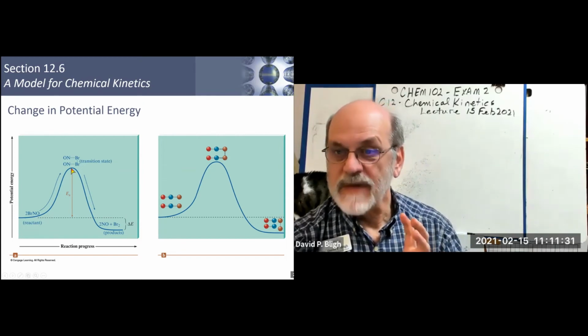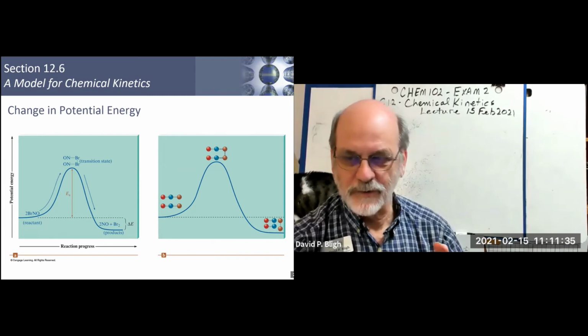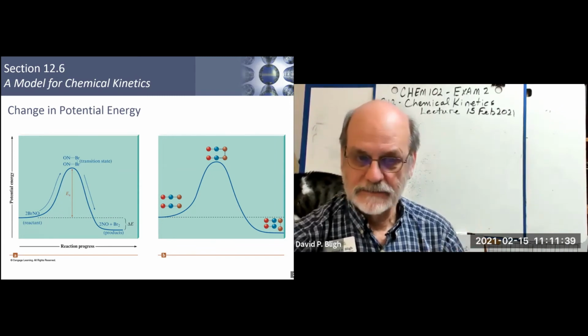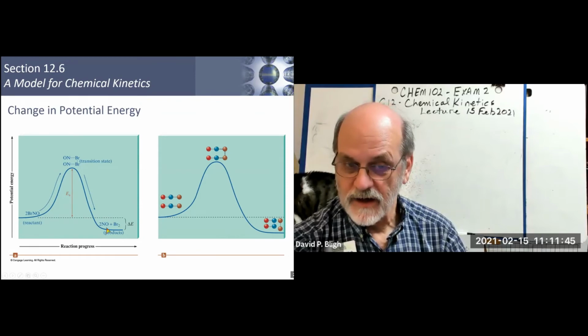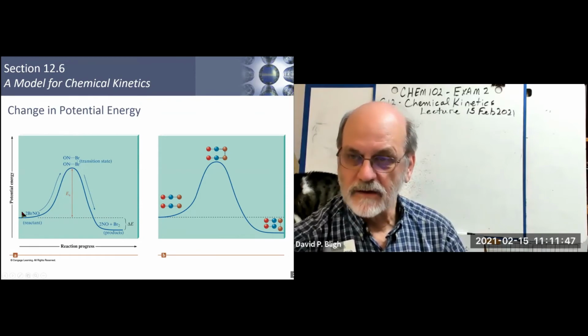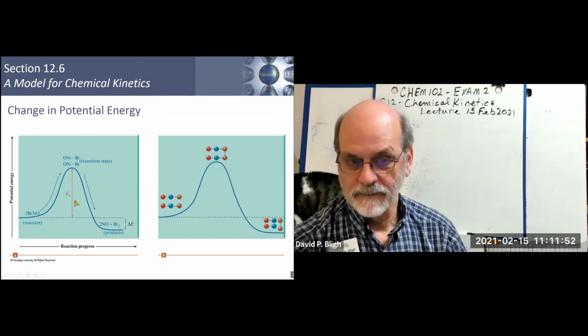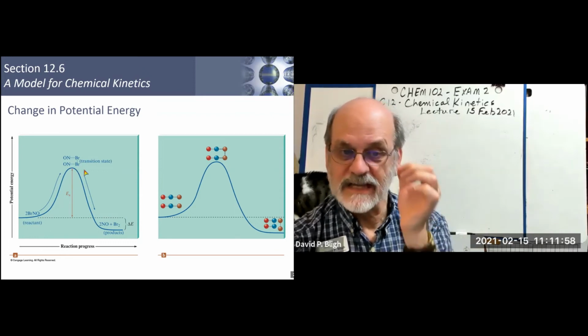It's metastable is the word for it. It's not stable, really. It's unstable, right? The question is, is it going to roll down the hill to the right and make products, or is it going to roll back down the hill and give you reactants back, right? So you need this activation energy plus a smidge more to get it over the top of the hill.